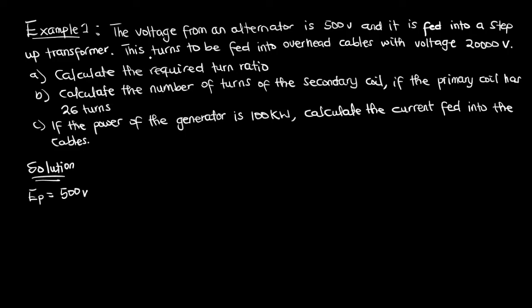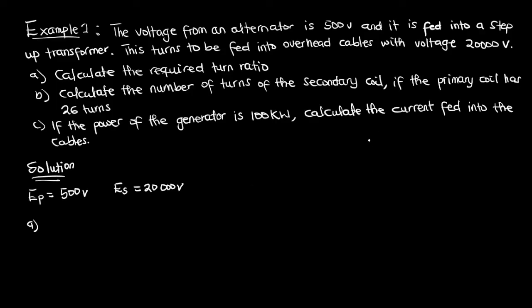After the transformer has stepped up the voltage, it is fed into overhead cables and the voltage is 20,000 volts. So our secondary voltage is 20,000 volts.